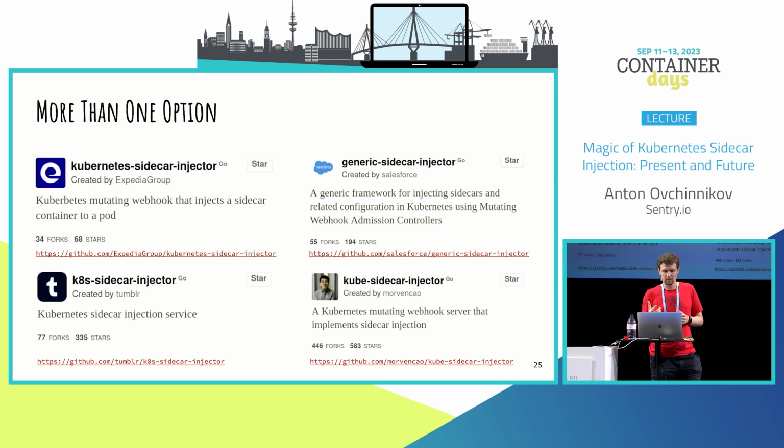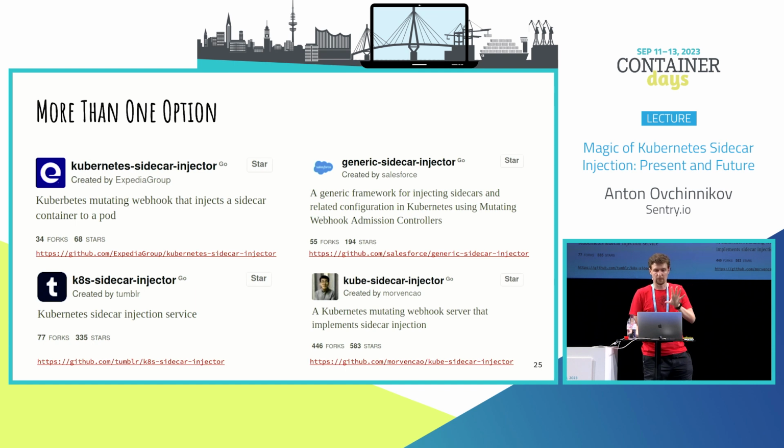But the common feature is that they allow us to specify configuration that we want to inject. They are themselves admission controllers, right? So you just need to install it once. And then you can use it for different use cases.